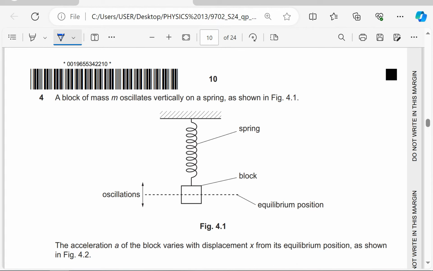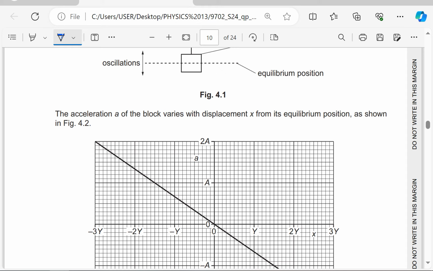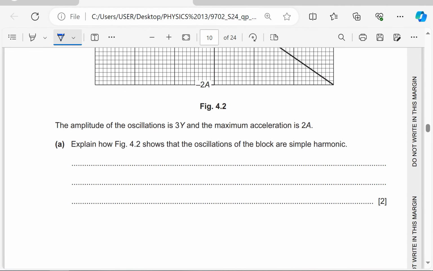Simple harmonic motion: a block of mass m oscillates vertically on a spring as shown in the figure. The acceleration a of the block varies with displacement x from its equilibrium position as shown. The amplitude of the oscillations is 3y, and the maximum acceleration is going to be a naught.